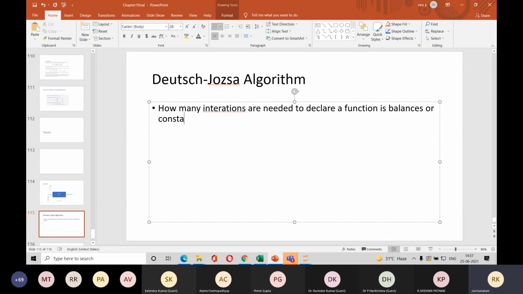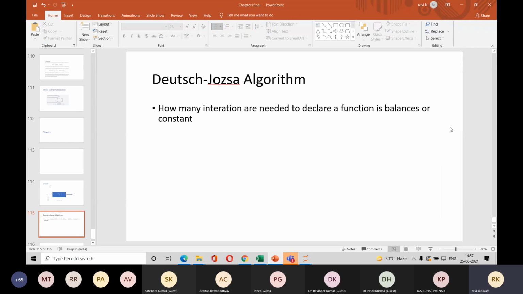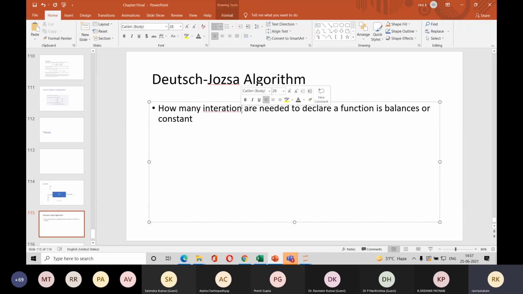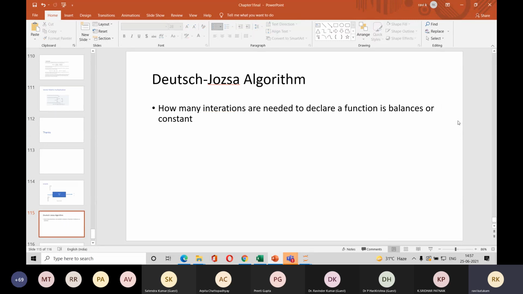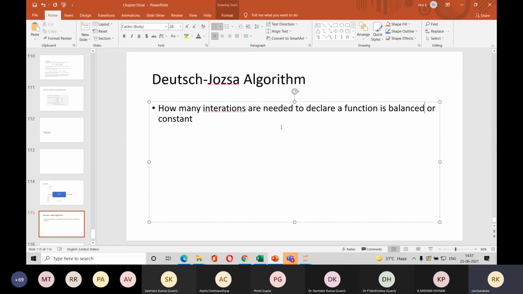This is the problem statement. I'm just using simple language here. So the Deutsch-Jozsa problem can be put in these words: how many iterations, how many trials do I need to do to declare a function is balanced or constant?